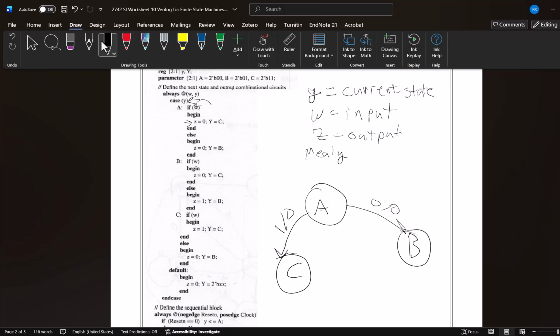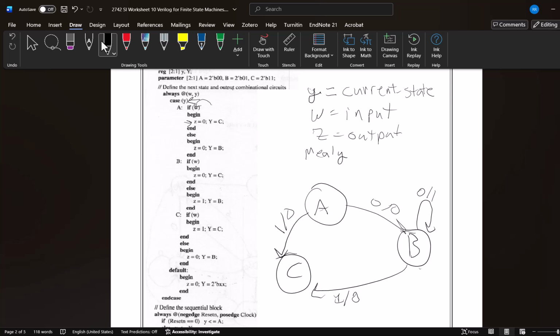And from B, if W is 1, our next state is C, and our output is 0. And if W is 0, our next state is B, and our output is 1.